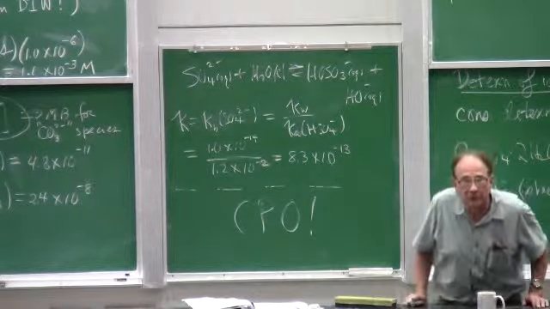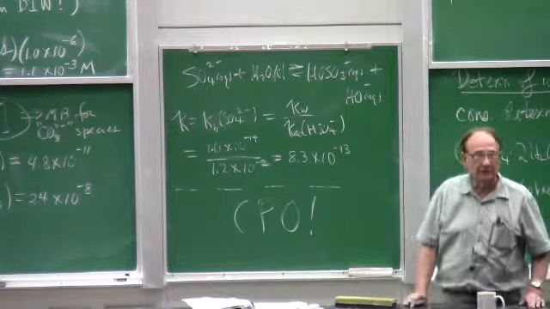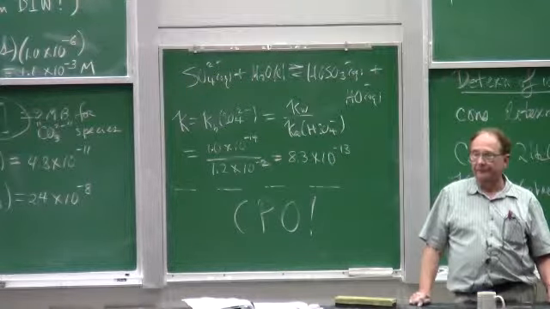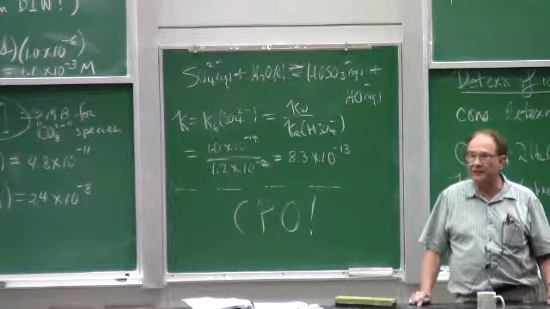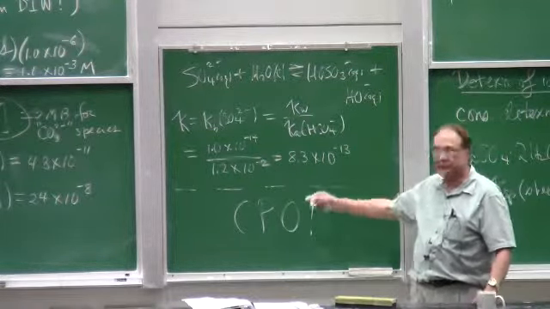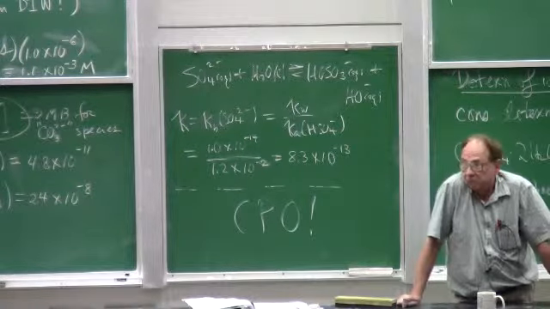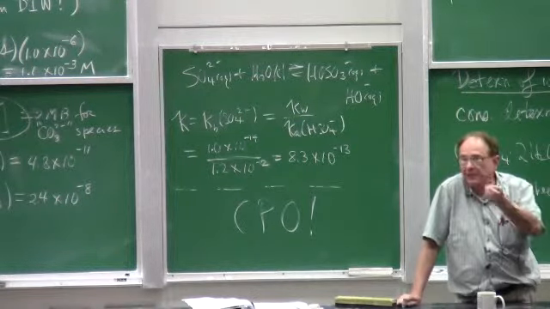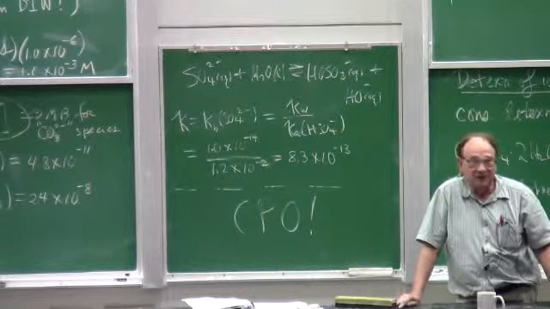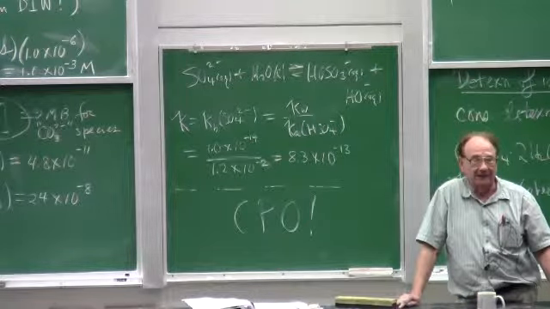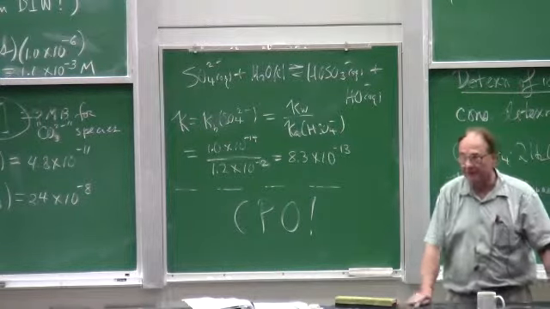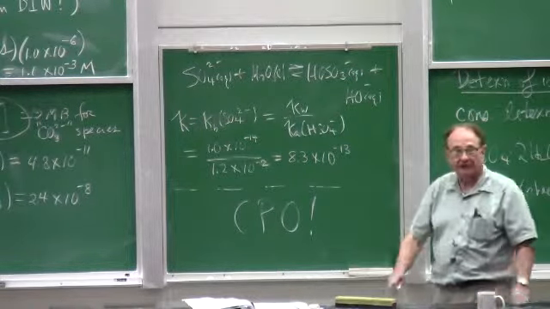Kb carbonate, 2.1 times 10 to the minus 4. Kb sulfate, 8.3 times 10 to the minus 13. How does 10 to the minus 4 compare to 10 to the minus 13? That's like Jupiter next to a P. I mean, there's no comparison, practically, other than to say the strength of carbonate ion as a base is enormous, huge, compared to the strength of sulfate ion as a base.